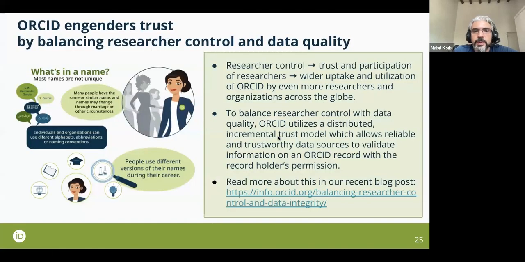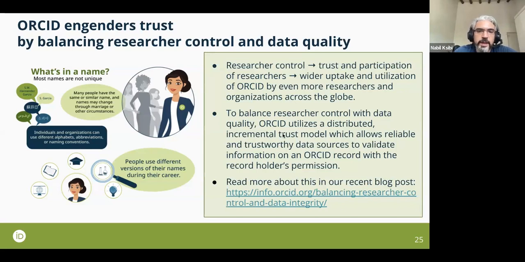So on using the open infrastructure, we really want to emphasize the trust that we are giving to the researcher, because the researcher ID is owned by the researcher. Nothing can be done without the permission or the authorization of the researcher. So this is why we want to keep this kind of governance, let's say, for the researcher, and also try to balance the data quality as well.